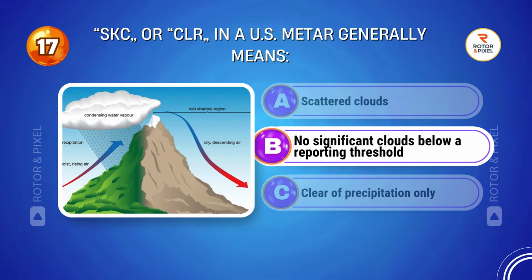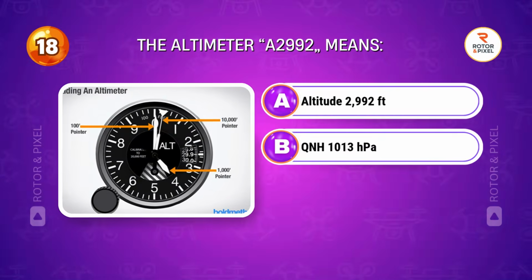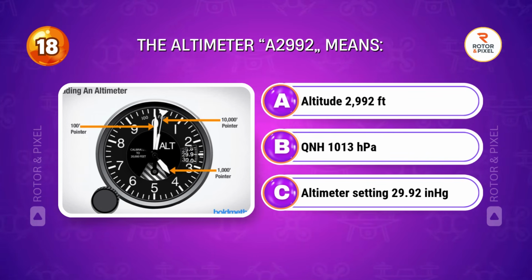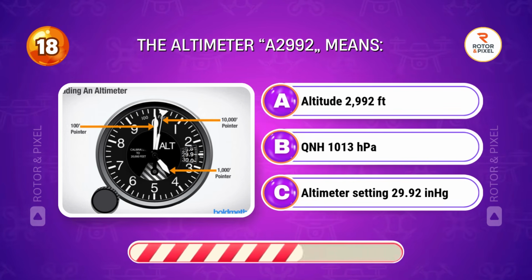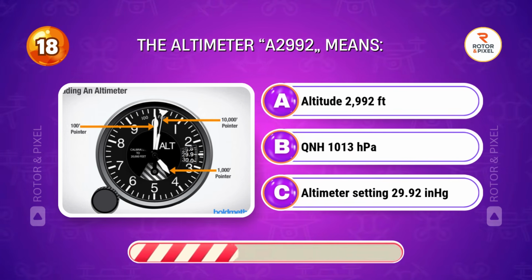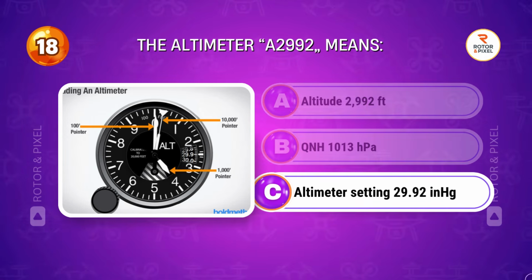Answer B, no significant clouds below a reporting threshold. An altimeter of A2992 means? Answer C, altimeter setting 29.92 inches of mercury.